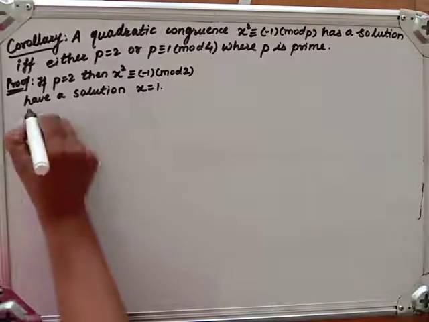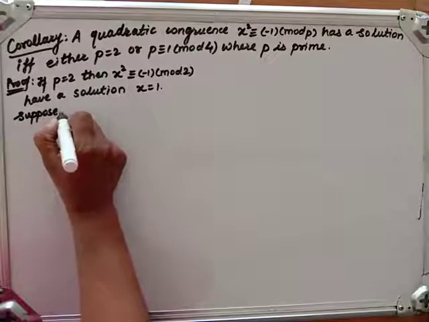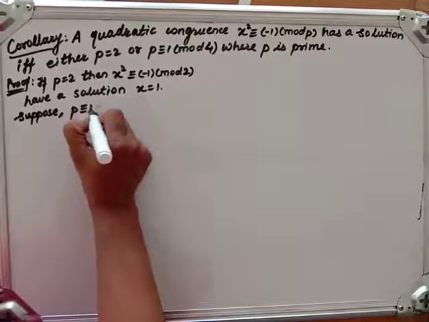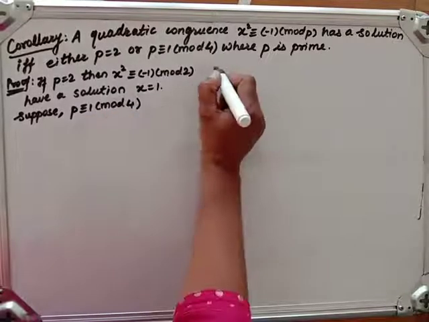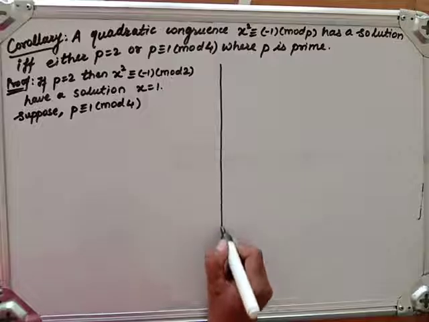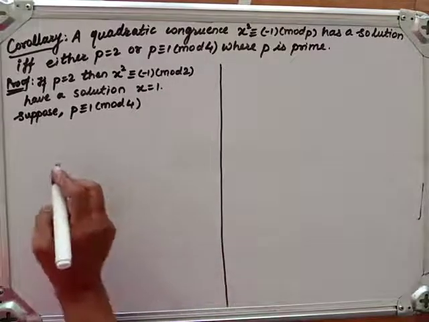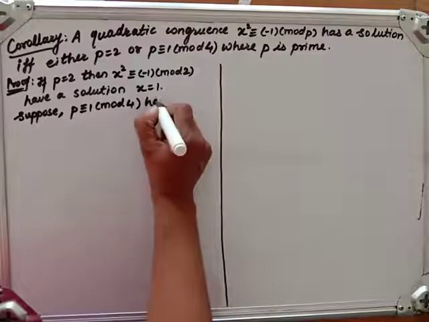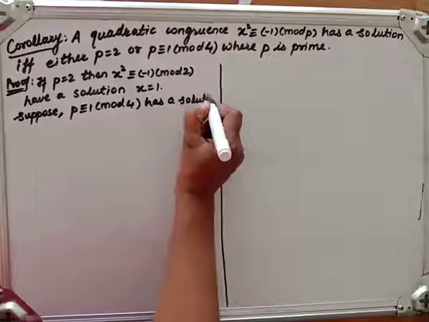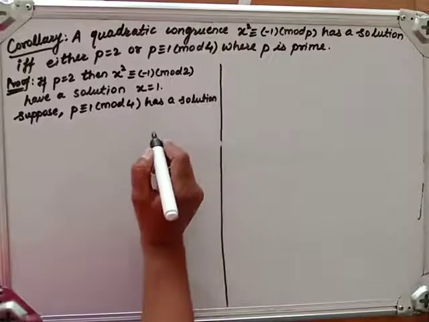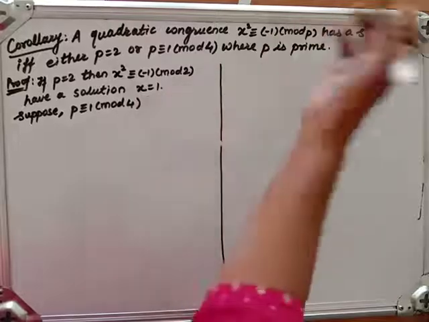Okay. So for p equal to 2 there is no problem. Now suppose p is congruent to 1 modulo 4. Let me assume this part. If p is congruent to 1 modulo 4, then this has a solution.